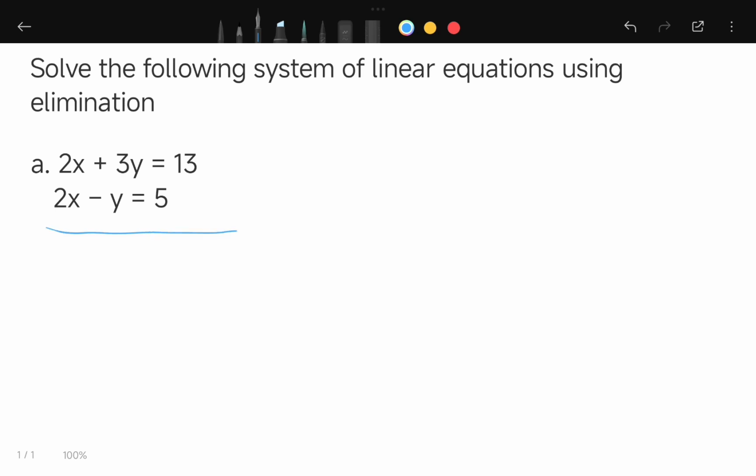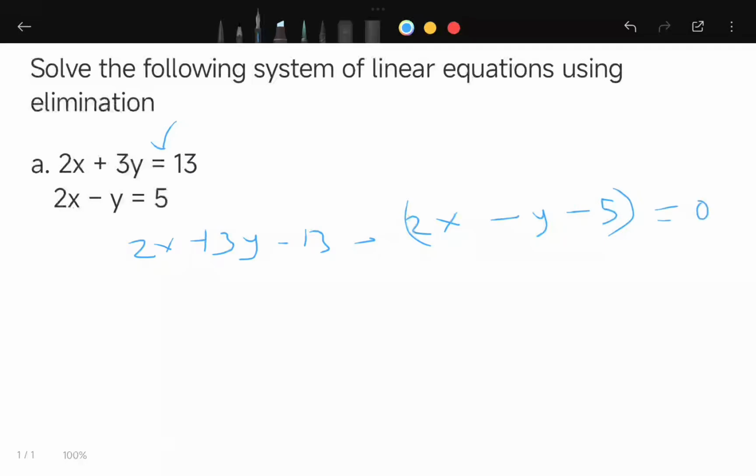So 2x plus 3y, if you bring 13 to the other side, it becomes minus 13, minus 2x minus y minus 5 equals 0.